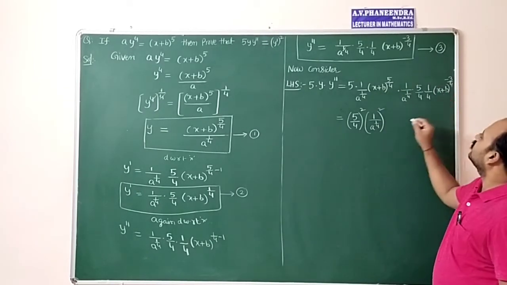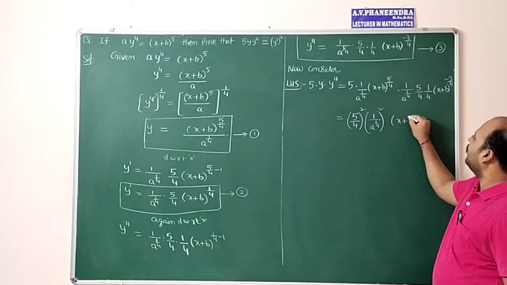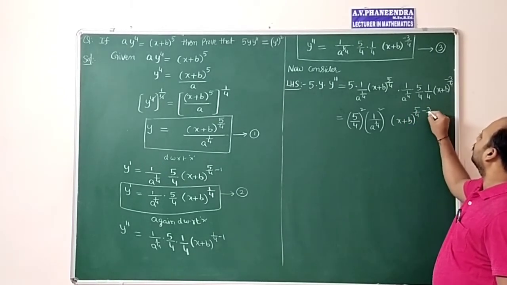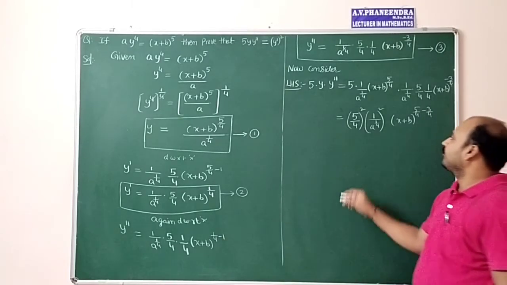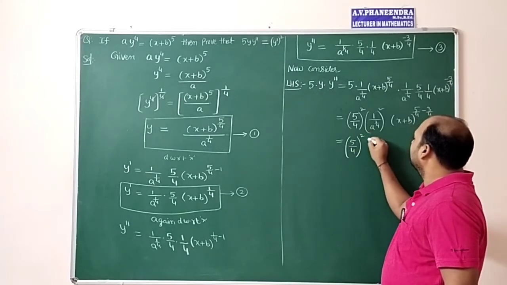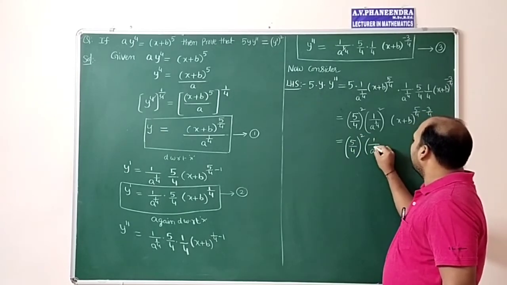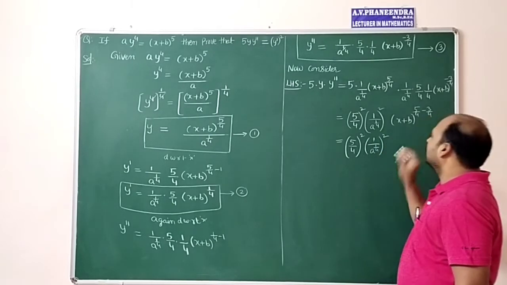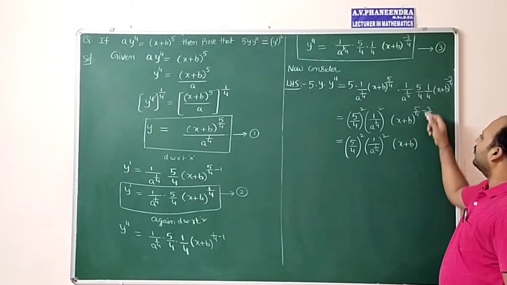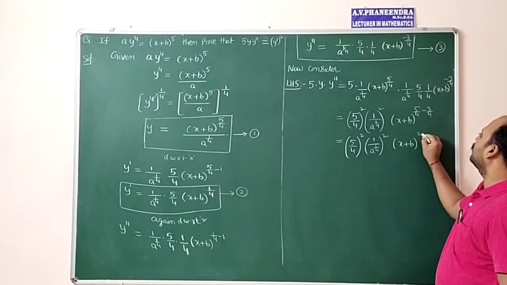Bases are equal, powers should be added: (x plus b) whole power 5 by 4 minus 3 by 4, that is 2 by 4. So we get 5 by 4 whole square, 1 by a power 1 by 4 whole square, (x plus b) whole power 5 by 4 minus 3 by 4 is 2 by 4.